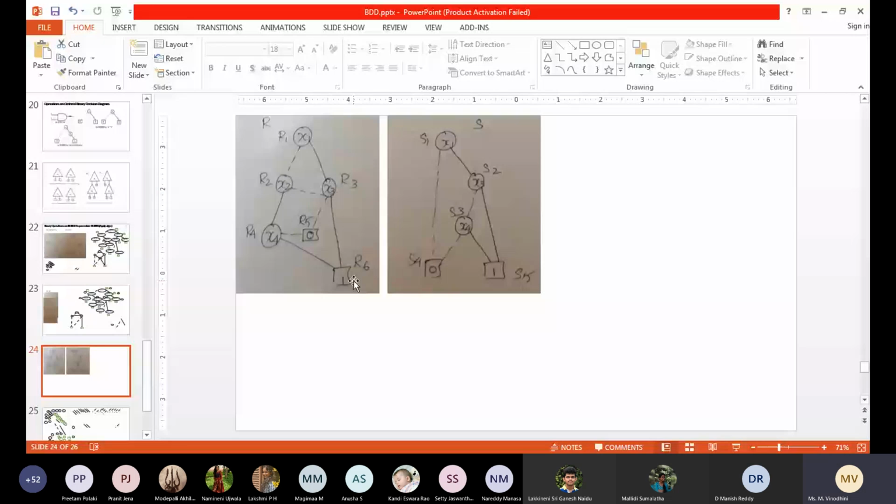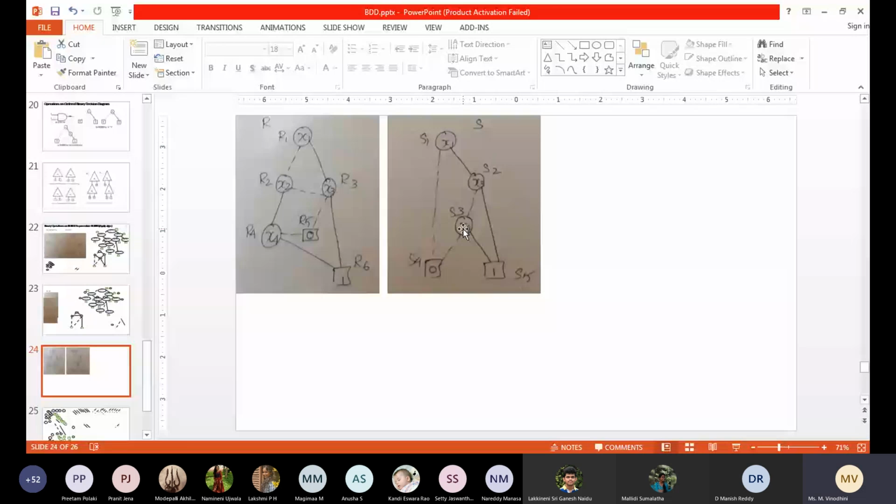For x1 I gave the first variable, for x2 second variable, x3 third variable, x4 fourth variable. And for 0, R5 and for 1, R6. Here x1, x2 is not there, x3 is only there, x3, x4 and two leaf nodes. So S1, S2, S3, S4 and S5.